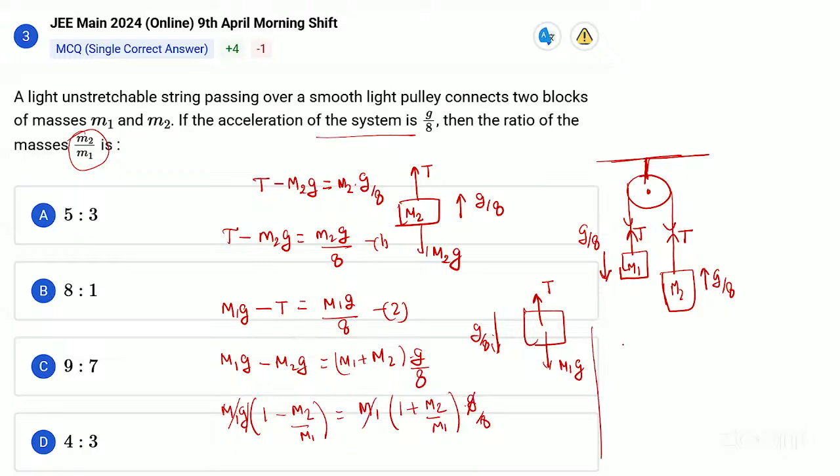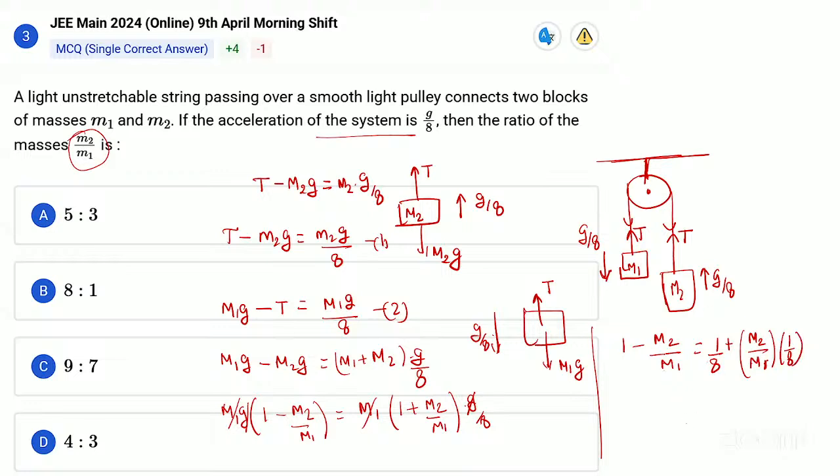So here we have 1 minus m2 by m1 equals to 1 plus m2 by m1 into 1 by 8. ठीक है.